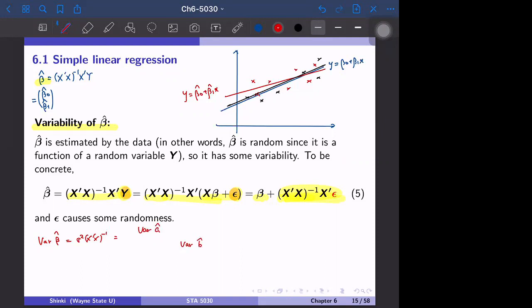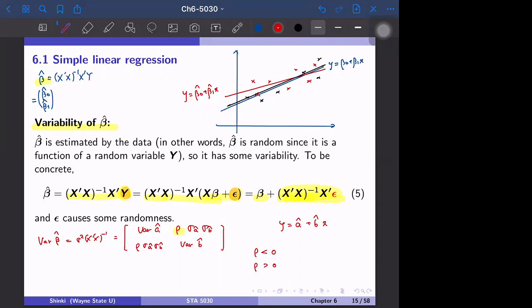And this is the off-diagonal term: the correlation coefficient times the standard deviation of A hat and the standard deviation of B hat. So what does this correlation coefficient between A hat and B hat mean? A hat is the estimated intercept and B hat is the estimated slope. If rho is equal to 0, they are independent. If rho is less than 0, then A hat and B hat are negatively correlated. If rho is positive, A hat and B hat are positively correlated.